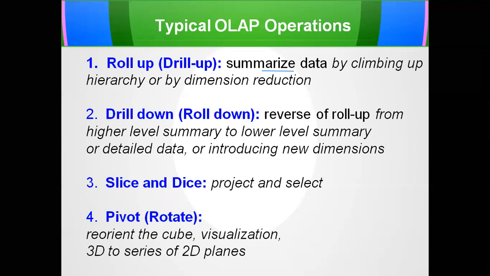Aggregate values also help your managers analyze the growth of the business, right? That aggregated data you can represent in the form of graphs, bar graphs, right? On the x-axis there can be year or quarter, and on the y-axis there can be total sales. That will be the graphical representation, but those aggregated values you can calculate with the help of these OLAP operations, right?